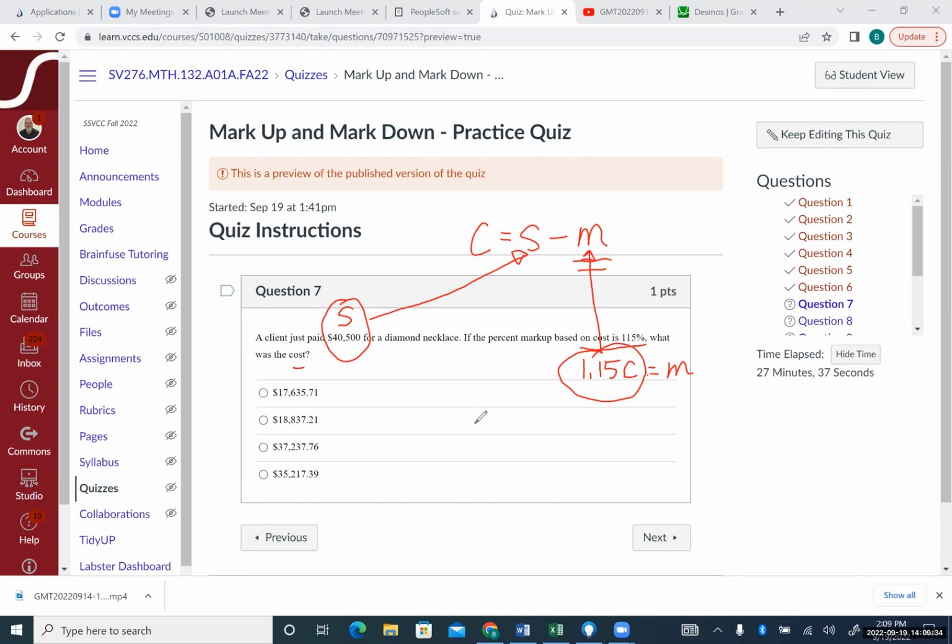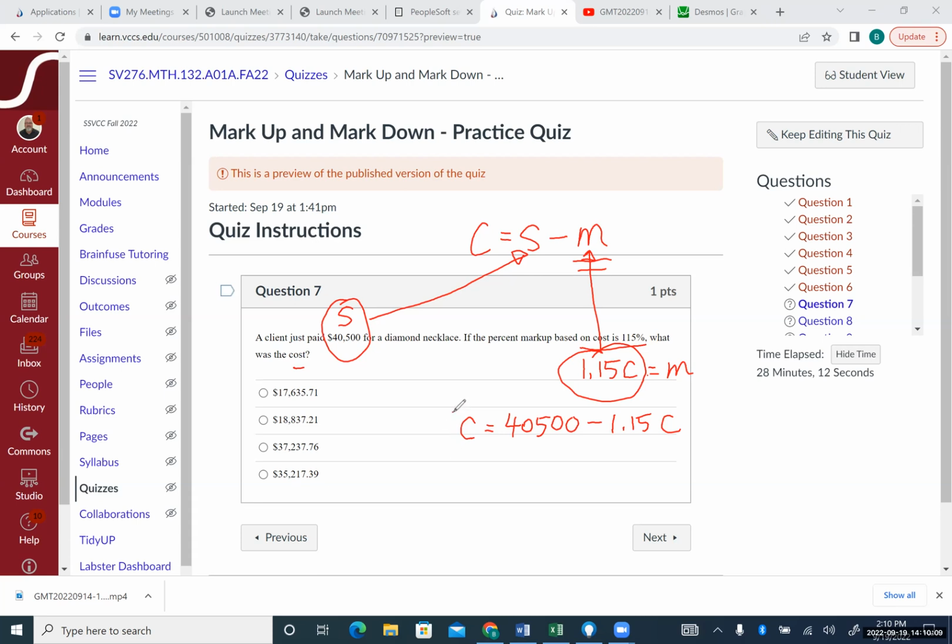So cost equals selling price, which is $40,500, minus the markup, which is 1.15 times the cost. Now it's a little bit of Algebra 1. We need to get all these C's on the same side of the equation.